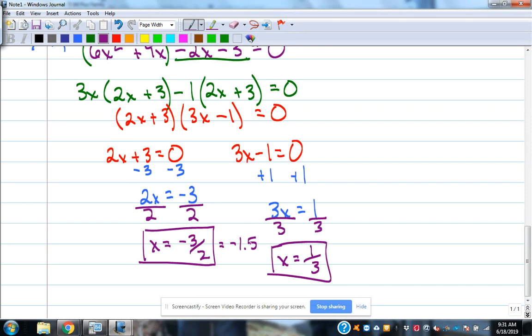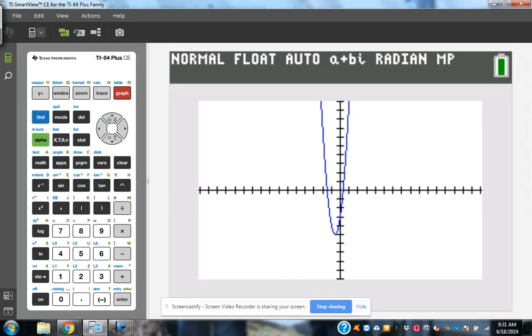That's between -1 and -2. So that tells me, hey, I think I'm probably right on that one. And then this one is 1/3. 1/3 is between 0 and 1, right? So we look at that graph, and right here, it's crossing closer to 0 than it is to 1, but it's between 0 and 1. And that's 1/3.